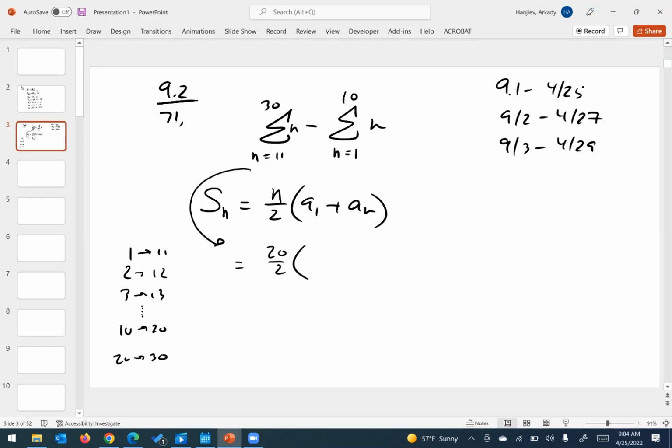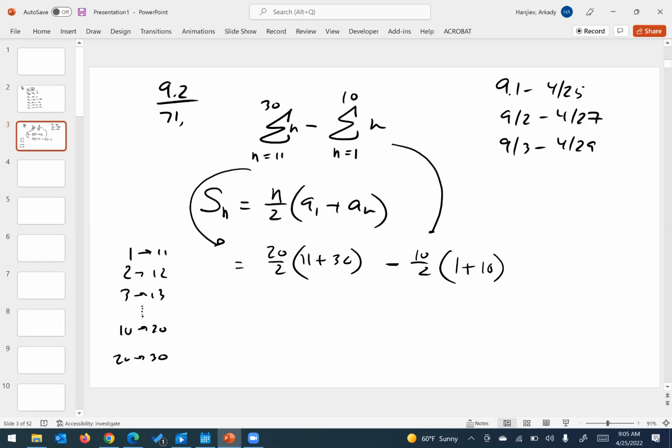The first iteration would be 11 and the last iteration would be 30. That's just the first piece though. We're going to be subtracting from it the sum from 1 to 10. 10 over 2, 1 plus 10.